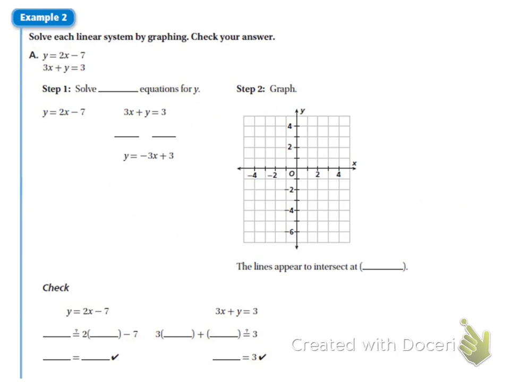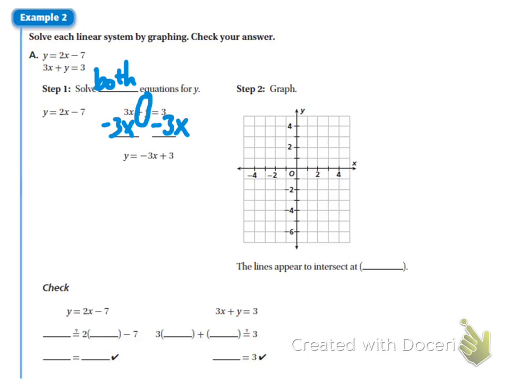Question number 2. Solve each linear system by graphing. Check your answer. So for letter A, we're going to solve both equations for y. So I'm going to solve by isolating the y and getting rid of 3x. Well, to get rid of positive 3x, I must subtract.